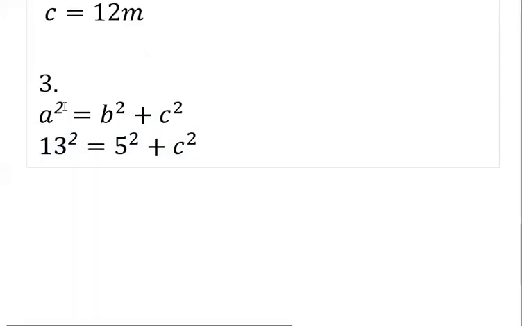Our hypotenuse squared equals the square of the first side plus the square of the second side. This time around, we are given our hypotenuse to be 10. We are not given one side, and we are given this other side to be what? 6. 6 millimeter.